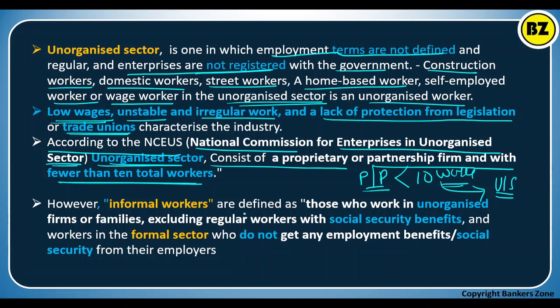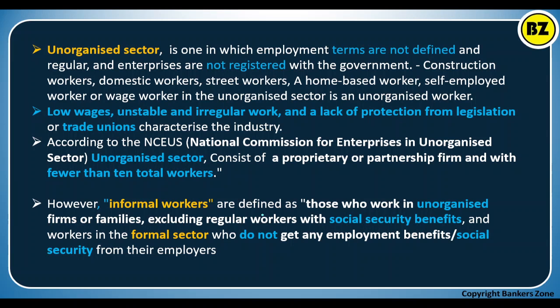So generally, any small company or firm does not show on paper that it has more than 10 employees. They will try to show that they have fewer than 10 employees, because then they are not counted in the organized sector. Okay, now we will be discussing the comparison in detail also.